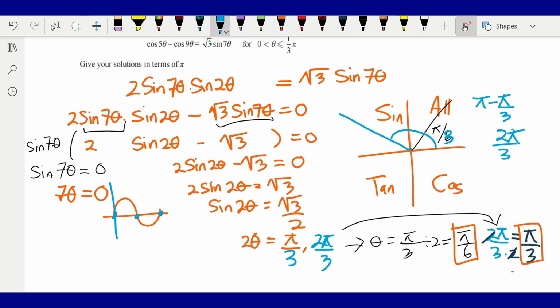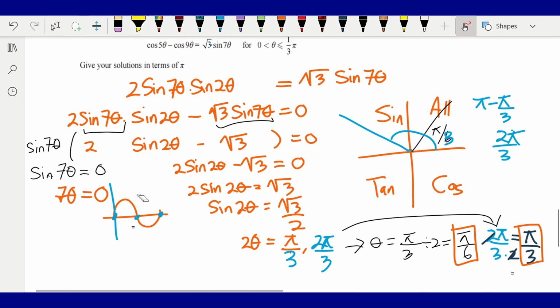But since the allowed range of theta is greater than 0, if we set 7 theta equals 0, then theta equals 0, which will not be within the required range. So theta equals 0 is not greater than 0, so we cross out this one.